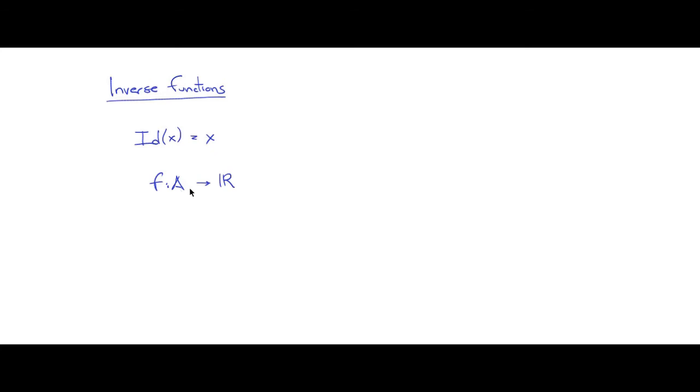Now if we have any function f that goes from its domain A to R, then our function f^-1, which we call the inverse of f, is a function that goes from the image of f to the domain, or in general a real number. The assignment is x, and then you get f^-1 of x.